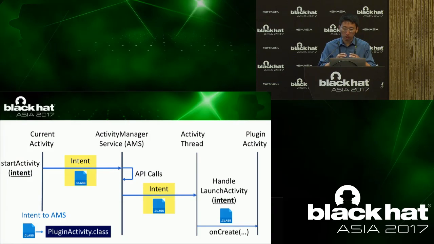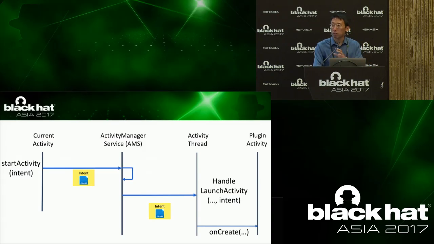Okay, that is the detail of how the current activity notifies the AMS what the new activity to be created is. However, if we want to start an activity defined in the plugin APK file, which has never been installed, it will cause a failure in the AMS.